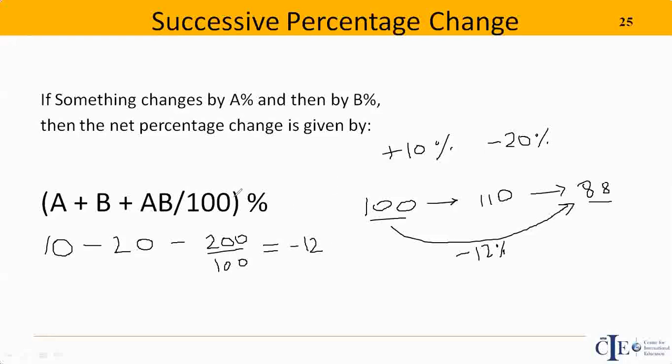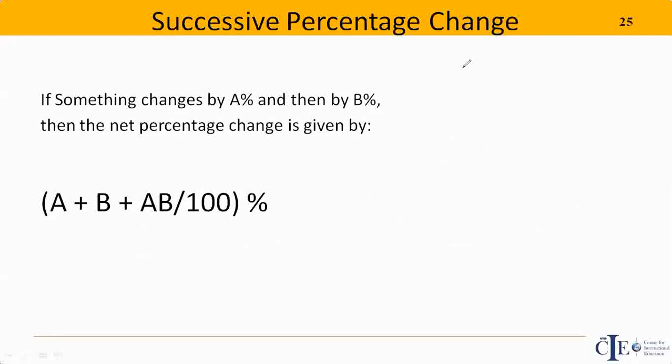Depending on the increase and the decrease, you need to take the plus and minus sign accordingly and substitute them. It's not always adding of positive numbers. The increases are added, the decreases are subtracted, and you get the value accordingly.